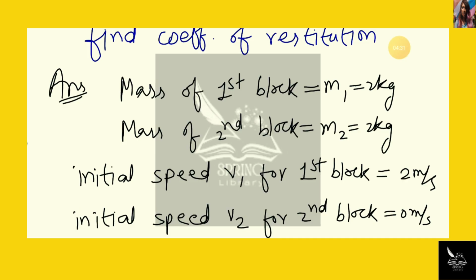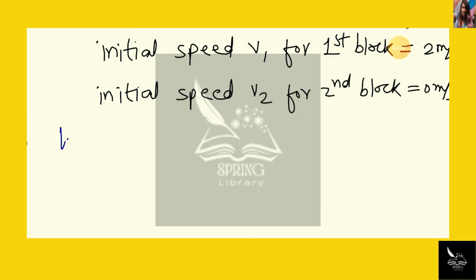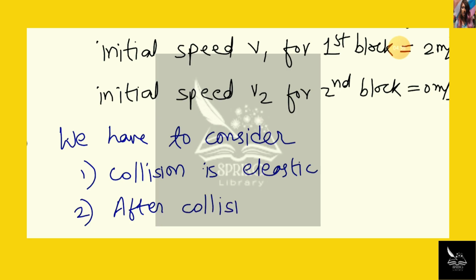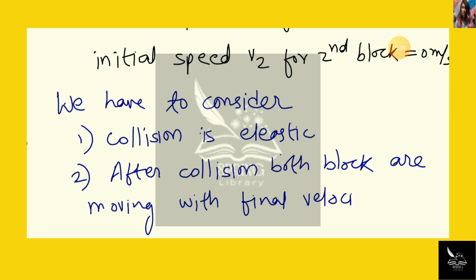So now, for getting the maximum possible loss in kinetic energy, we have to consider that the collision is linear and perfectly inelastic, and after collision both blocks move with the same final velocity, assume that it is v meter per second.